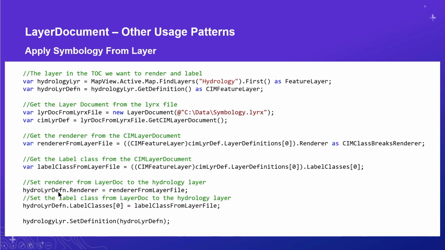So I access the hydrology layer's CIM and I set the renderer property to the renderer from the layer file. And then I set the label classes property on the hydrology layer to the label class from layer file. Finally, I apply all these changes back to my hydrology layer using the set definition method.